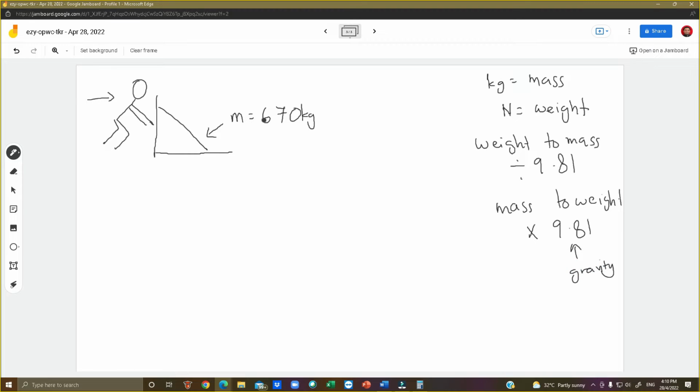Okay, so here dia bagi tahu sled ni mass dia 670, sorry, okay, the information said the weight of the sled is 670 Newton. Okay, ini dia punya weight.